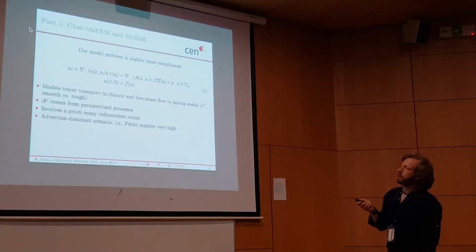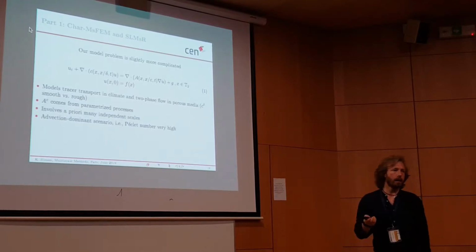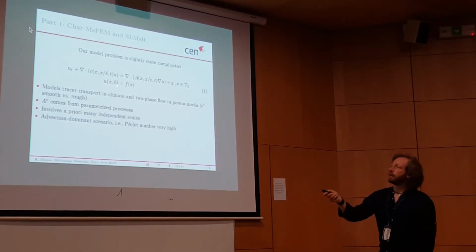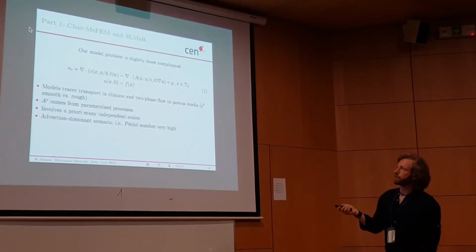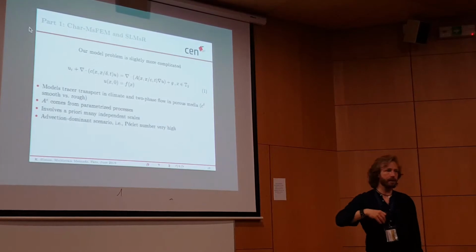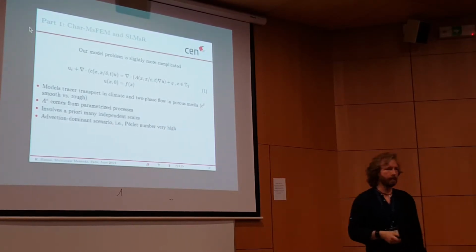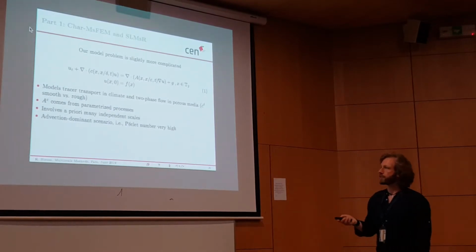Okay, so our model problem is slightly more complicated. We want to simulate an advection-diffusion equation that allows coefficients on several scales. First of all, this background velocity could have resolved or unresolved scales. And this term probably comes from some parametrization of subgrid processes.